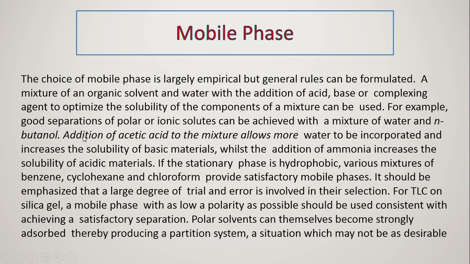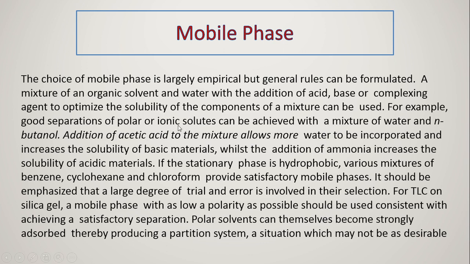For example, good separations of polar or ionic solutes can be achieved with a mixture of water and butanol. So here water, which is a more polar solvent compared to normal butanol, will work on these ionic solutes more efficiently.